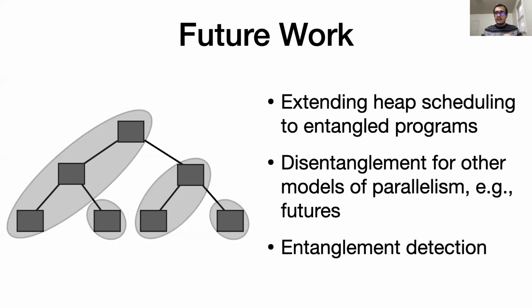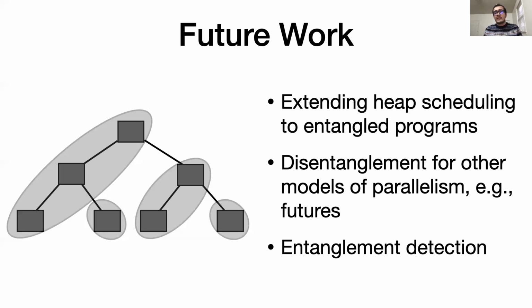Currently, our compiler assumes that the input program is disentangled. So it does unexpected things when the program is not disentangled. So we want to develop a checker for disentanglement, so we can warn the programmer that they have to fix this. One way to check for disentanglement is to check for race freedom, because recall that race freedom implies disentanglement.